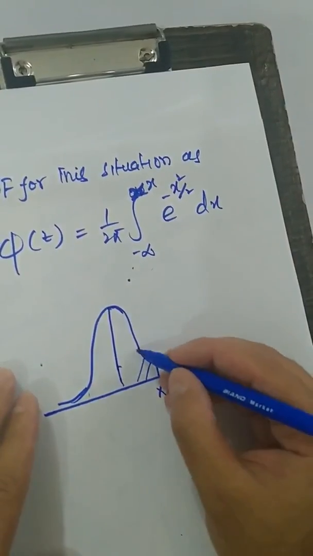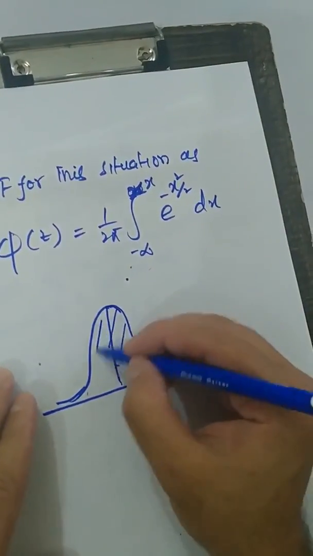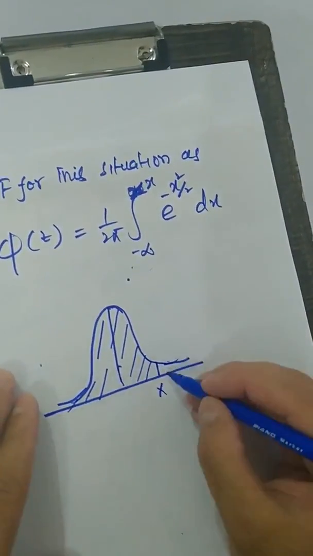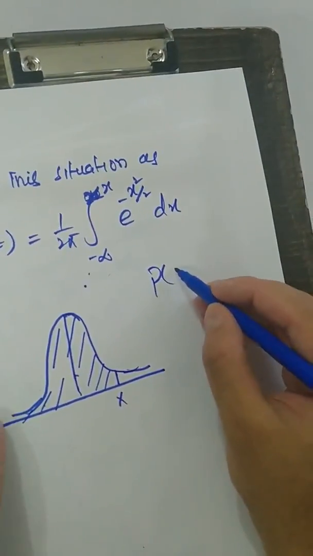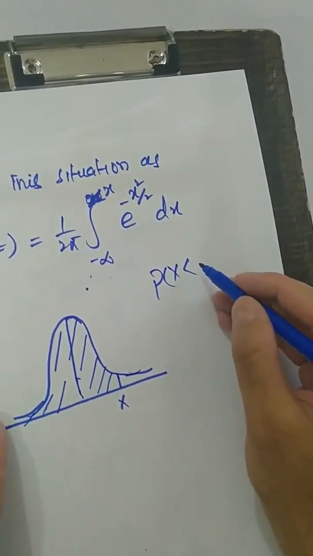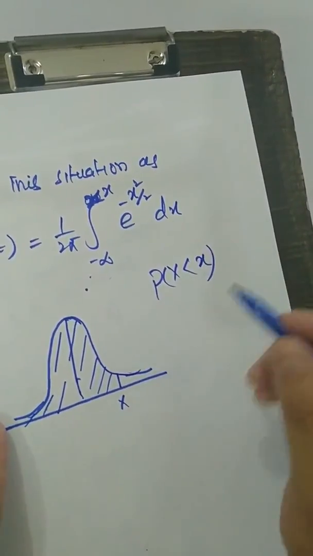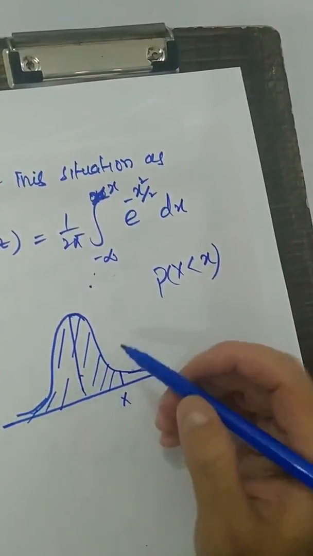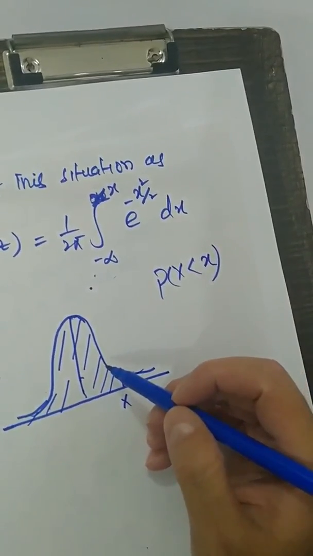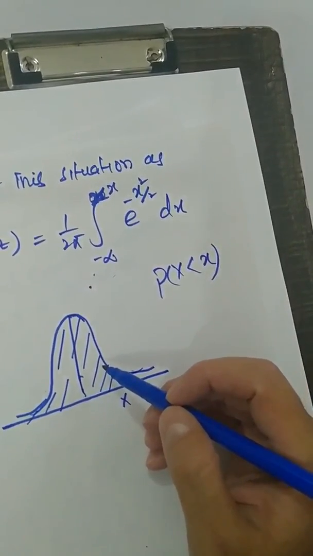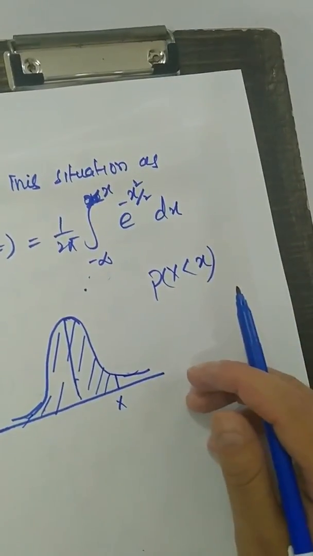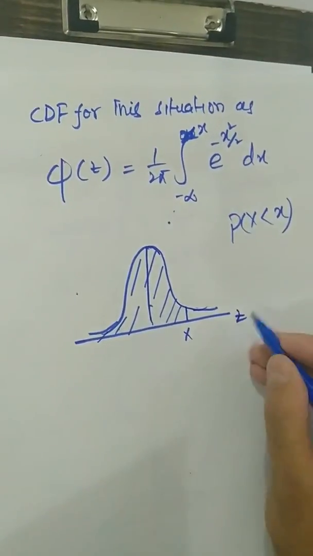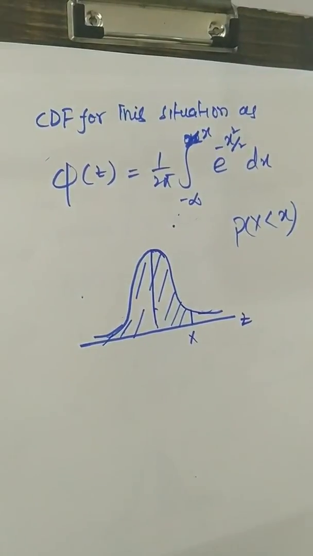So I will consider the area under the curve which is less than this x. This area under the curve gives the value of the CDF which I have to calculate.